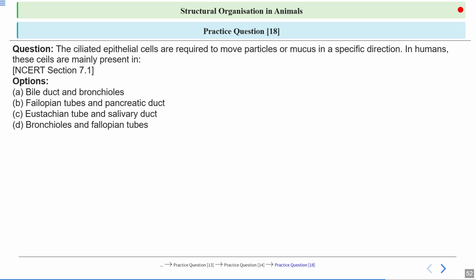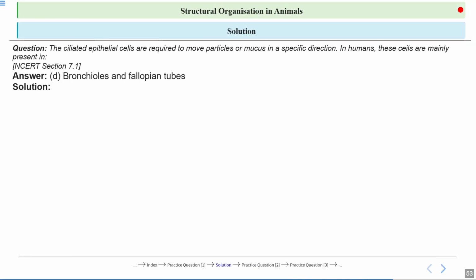B, fallopian tubes and pancreatic duct. C, Eustachian tube and salivary duct. D, bronchioles and fallopian tubes. So the correct answer is option D, bronchioles and fallopian tubes.